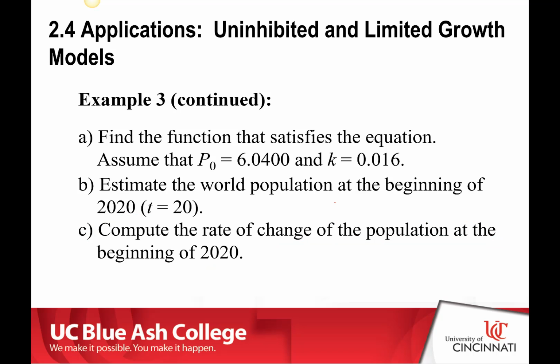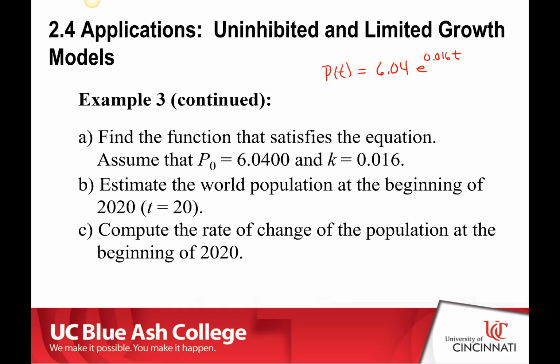Okay, so this says compute the rate of change at the beginning of 2020. How are you going to do that? Okay, we've got our function, P of t, 6.04 e to the 0.016 t.